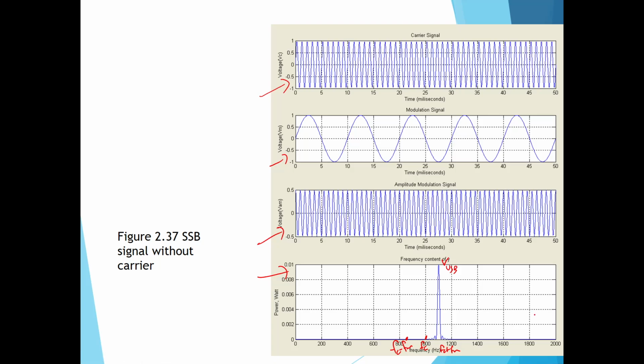So how much is the total power in this example? P total only consists of one component, which is PUSB, equal to VUSB squared divided by 2R. What about the bandwidth? Bandwidth is half of the full carrier case, which is FM, the distance from sideband to the carrier.